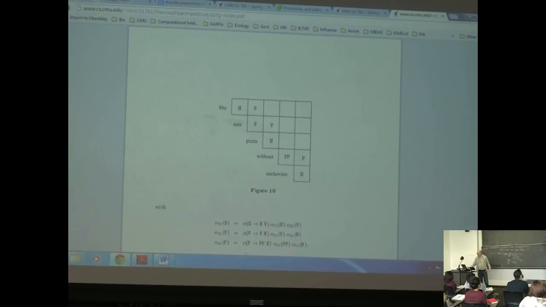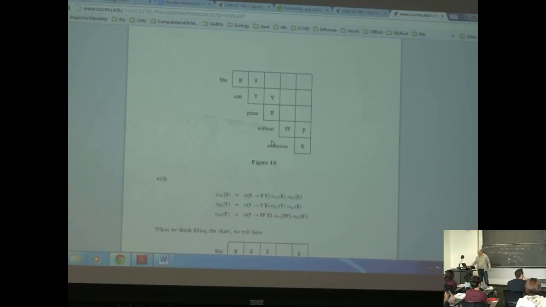And what you're not seeing here, but is written here, is that you don't store only the non-terminal that is a possible parent of this particular substring, but you also store the probability that this parent would result in all the children underneath it. And that's also derived recursively. So again, the paper describes the detail.